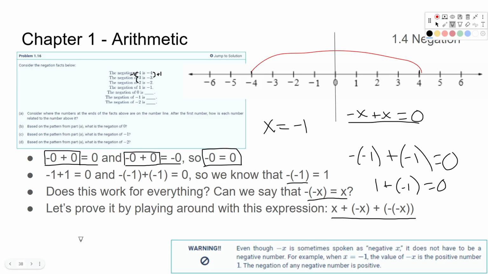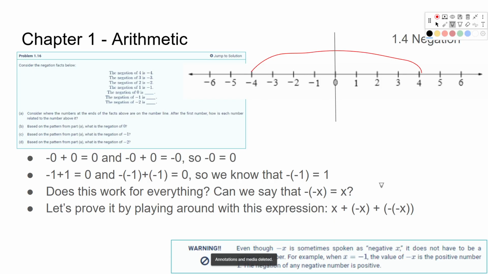So we know that x plus -x should be 0, right? And we know that -x plus -x should also be 0. So let's go ahead and just write that out. Delete all the annotations there. All right, so again, this x plus -x, that's our definition of negation right there. So you know that that is 0. You know that this is 0.